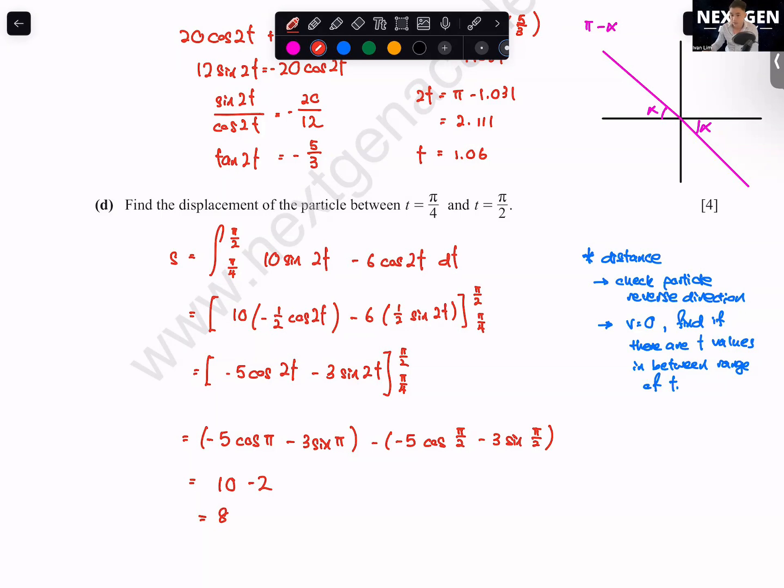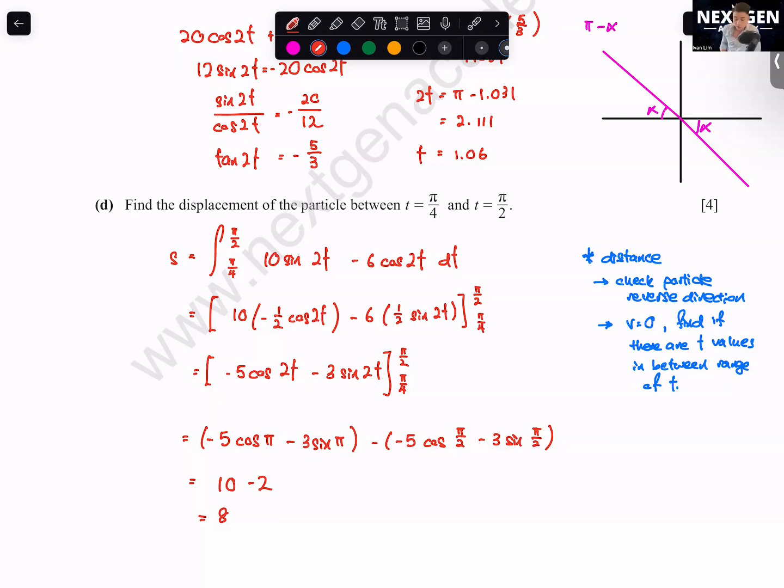Give me a 1 if you are okay. The rest of you, are you okay? You did indefinite integral and still get the same answer? Yes, can also. It's the same thing.